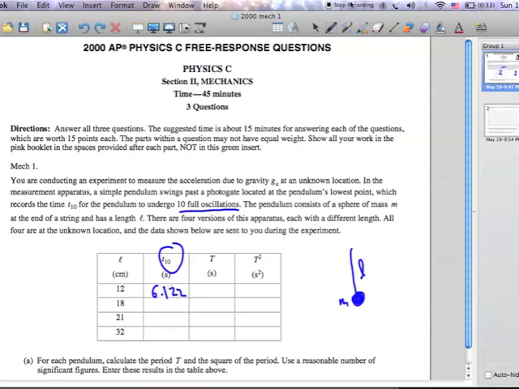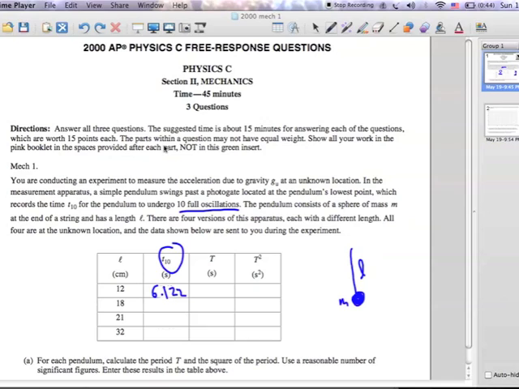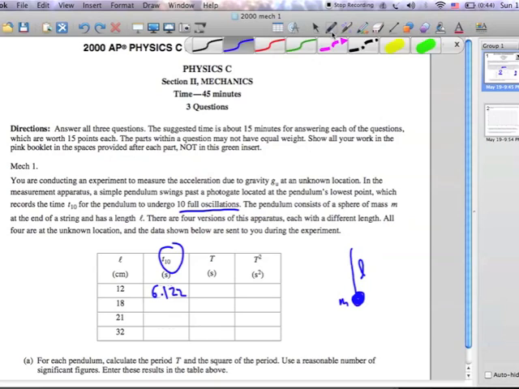Here it goes. 2, 3, 4, 5, 6, 7, 8, 9, 10. So 18 centimeters, that was 10 periods of 7.957.